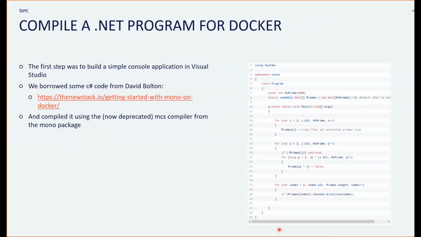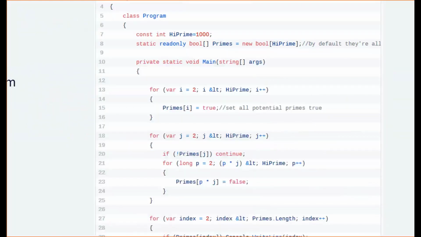So what we did now was we compiled a .NET program for Docker. We borrowed some code from a guy named David Bolton, and this is a sieve of Eratosthenes, which finds all the primes from 1 to 1000.